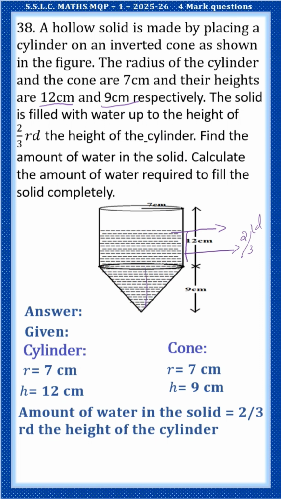Here the height of the water in the cylinder is 12 into 2/3. 3 fours are 12, 4 twos are 8. So water is filled up to 8 cm height of the cylinder.